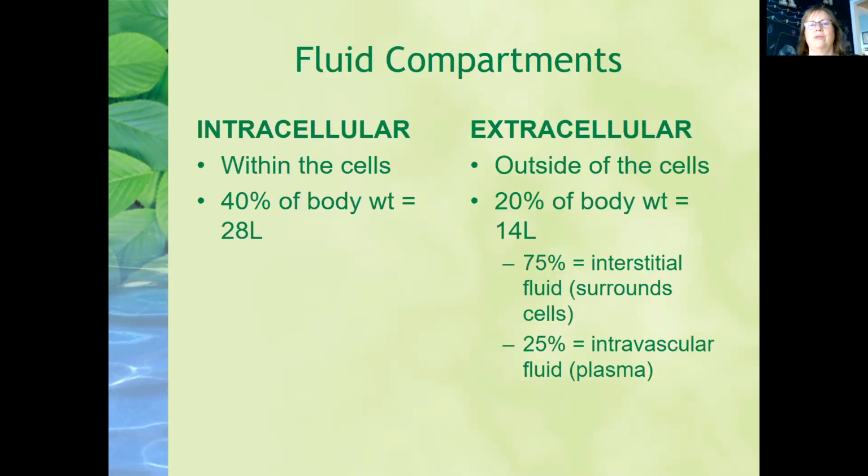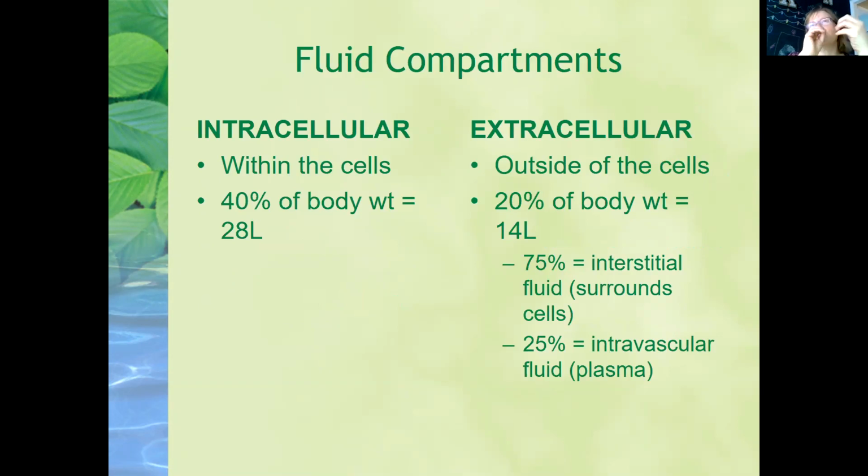So where is that fluid within our body? When we look at how we can divide the spaces that we find that fluid, 40% of our body weight is actually fluid that's within our cell. That's the intracellular fluid. So that's about 28 liters of fluid inside the cells.